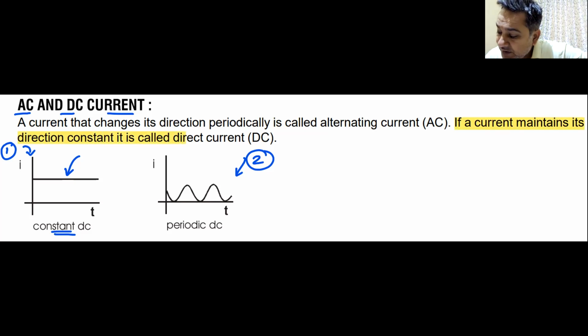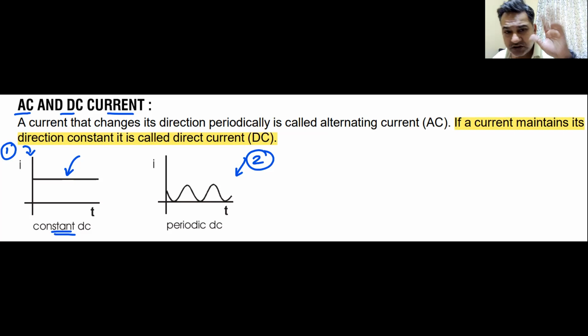That means the current always flows in the same direction. It is going from A to B, and it will always keep on going from A to B. It will never come from B to A unless we change the circuit.